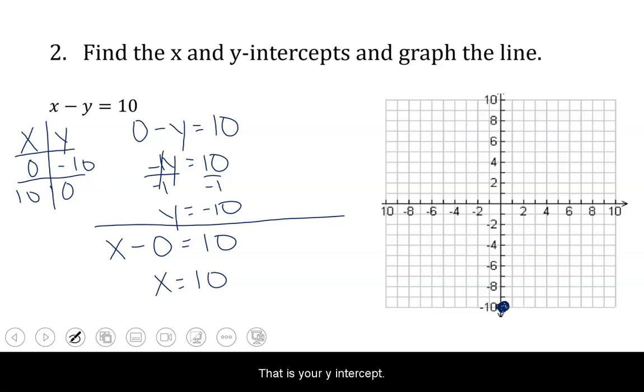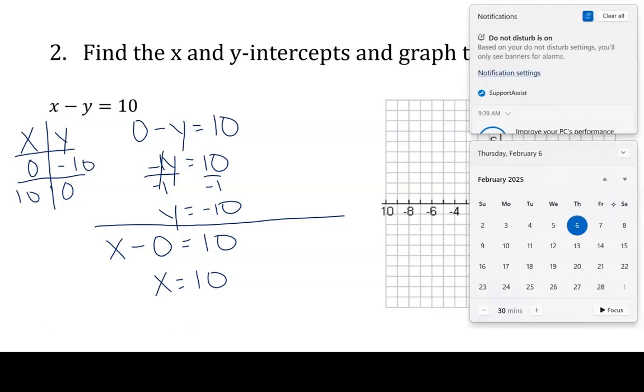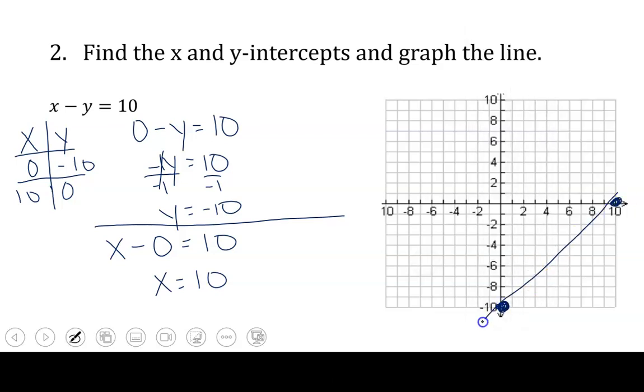That is your y-intercept. And then for the x it is positive 10, so (10, 0). And that is your x-intercept. So graph your line and put your arrows for the x and y-intercept.